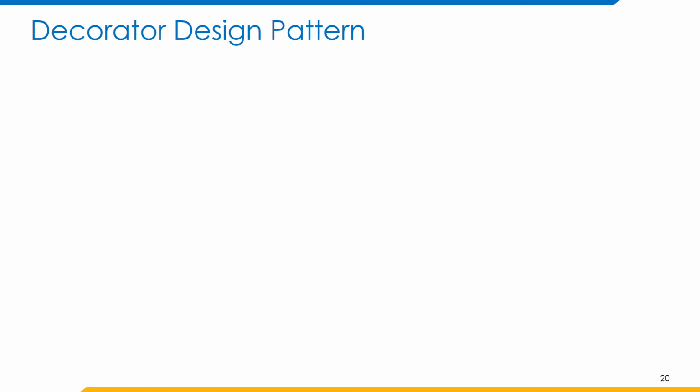Decorator design pattern. This design pattern is used when we want to apply any functionality at the time of execution of the project. In that case we will use this decorator design pattern.